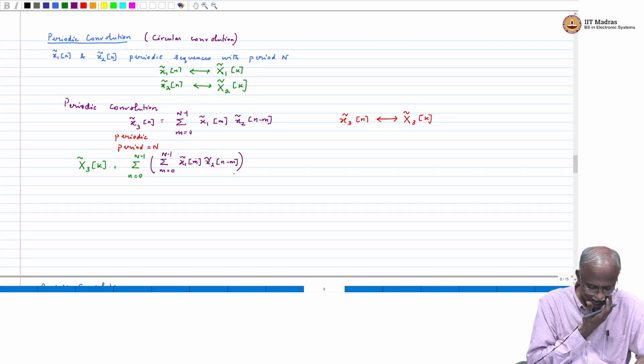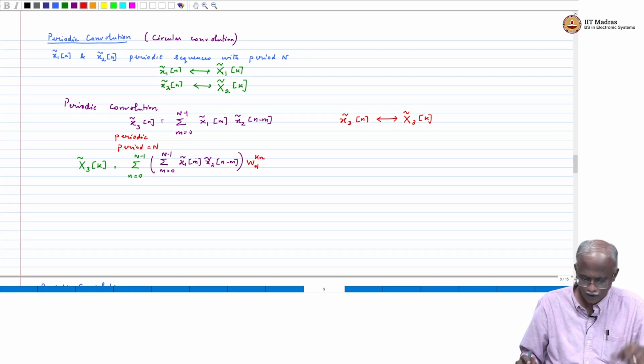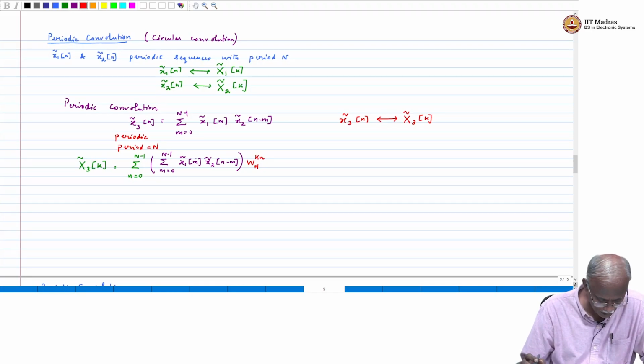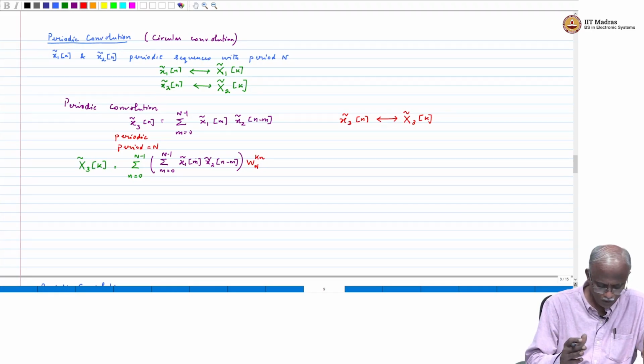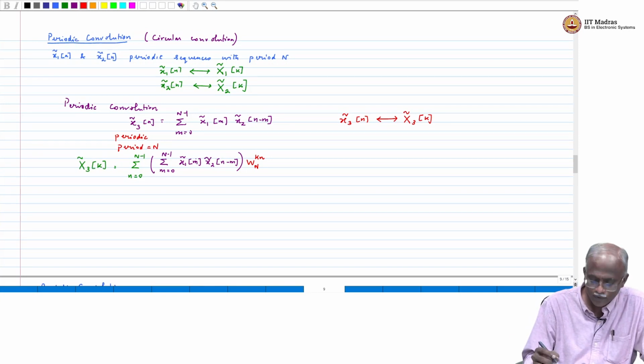So this is what is inside the bracket, and then you have the complex sinusoid W_N to the power kn. Okay. So as we always do, we want to interchange the order of summation.